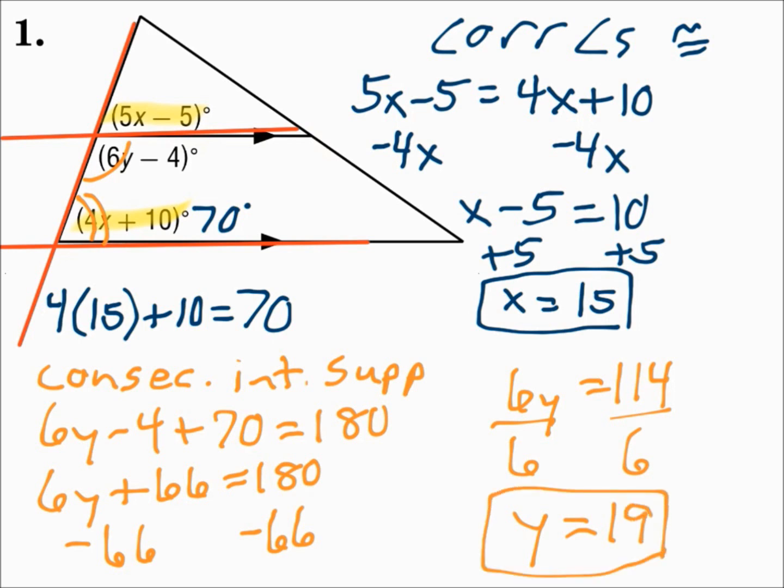Y is 19. So the first angle pair was corresponding angles. Those are congruent, so their measures equal each other. The second pair was consecutive interior angles. Those measures add up to equal 180. Identify the angle pair and set up your equation accordingly.